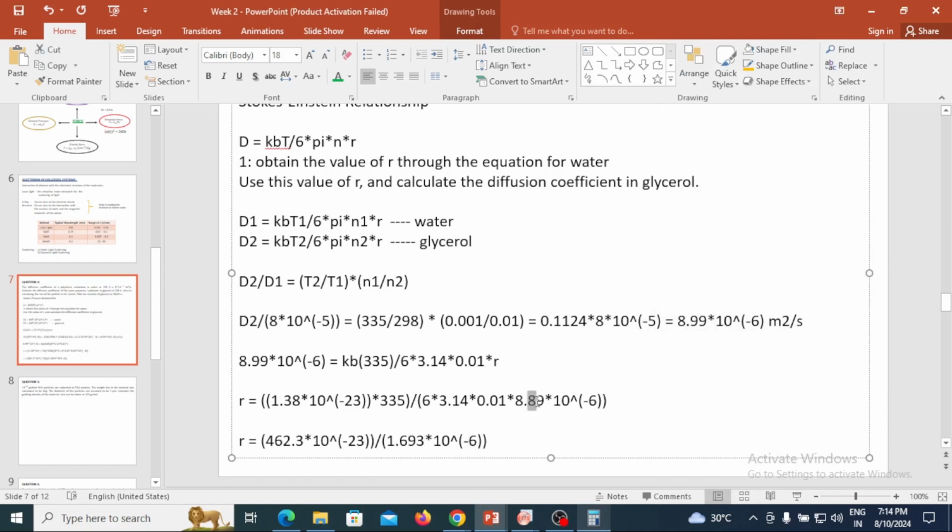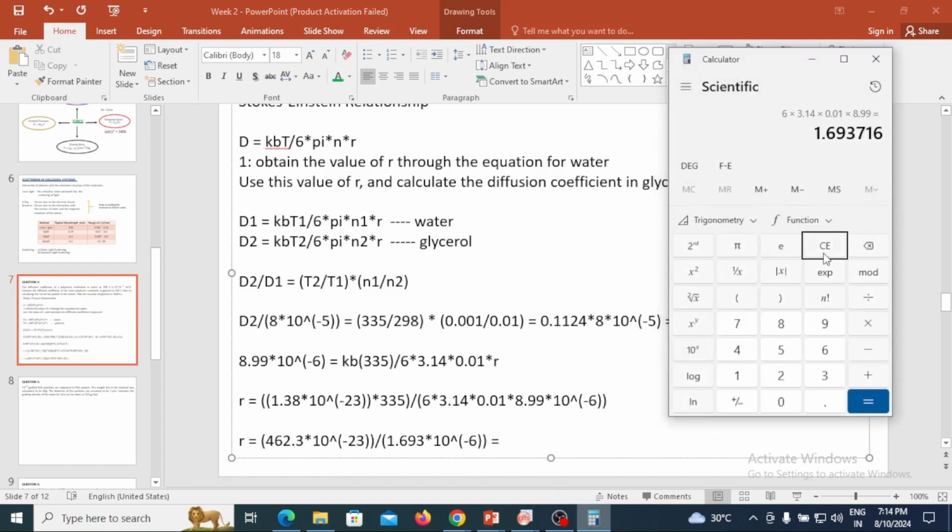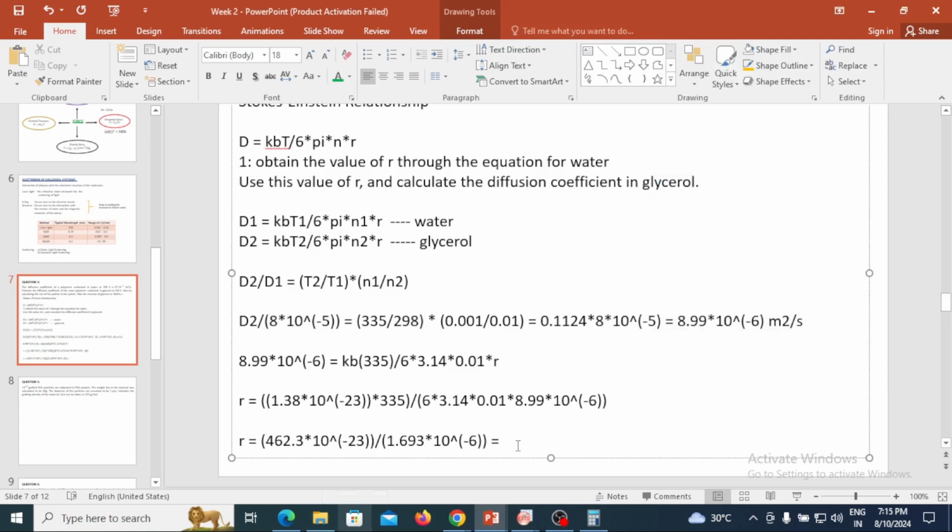So if you calculate this, you will be getting 462.3 divided by 1.693, 273.06 into 10 to the power minus 17, or 2.73 into 10 to the power minus 50 meter. So this is the value of R.